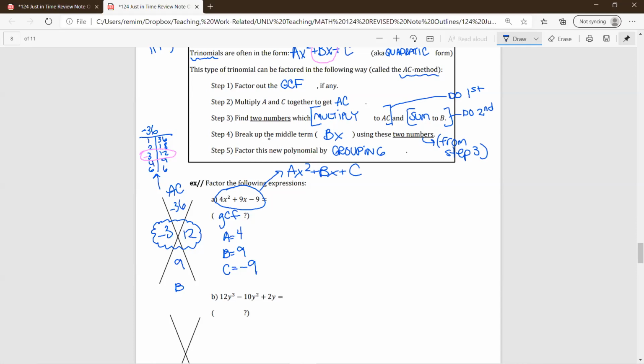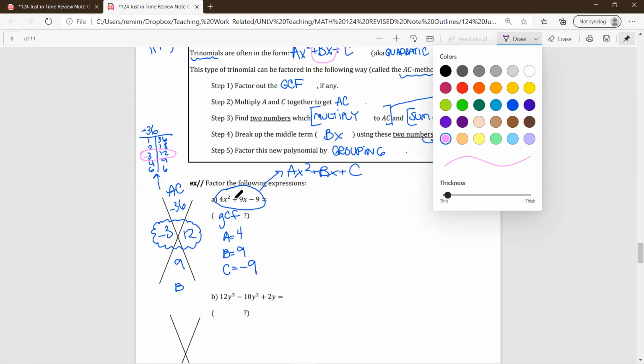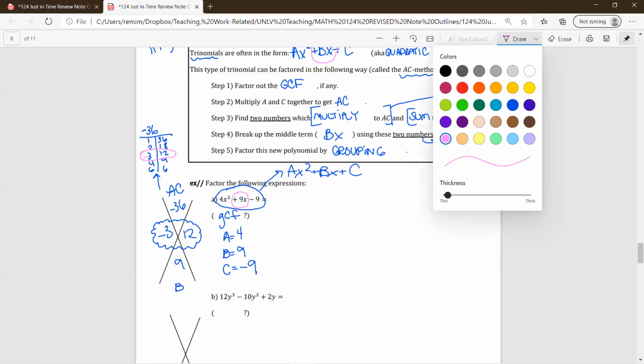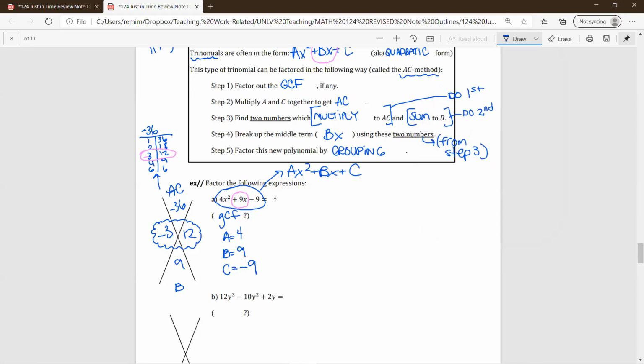All right, step 4 says break up the middle term using the two numbers that we just found. So my middle term is here, the 9x. I'm breaking that term apart into two different parts. The first term stays the same and the last term stays the same. So I'm going to write 4x squared.